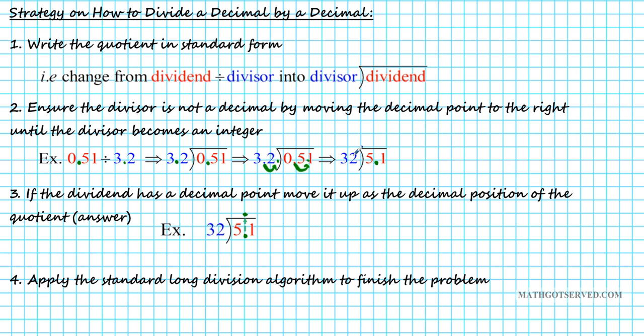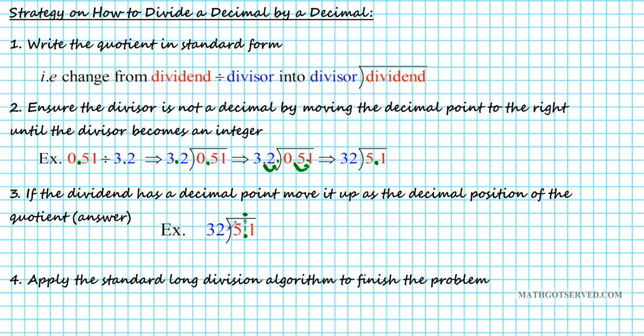Okay? Step number three, after putting it in that state, then you're going to move your decimal point. You're going to move it up vertically, and that will be the decimal position of your quotient or the answer. So for example, 32 divided by 5.1, this decimal point goes straight up. That's the position of the decimal point for the answer.